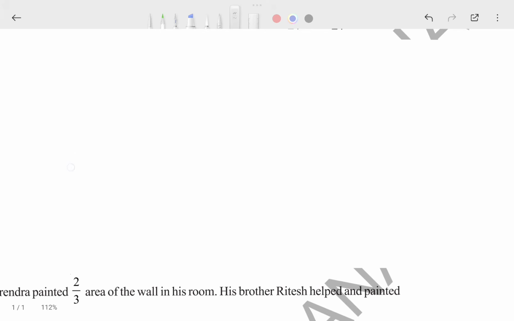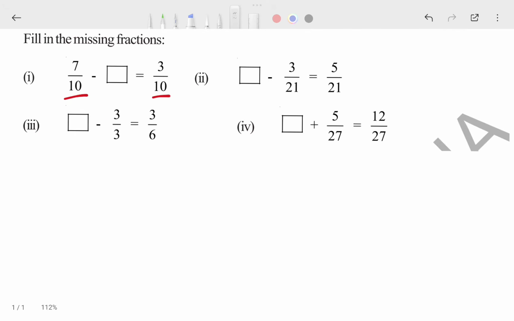Okay now, there is nothing very difficult about it, it's a very simple question. Like it is given now, this is 3 by 10, and when you convert this one, you can do anything.